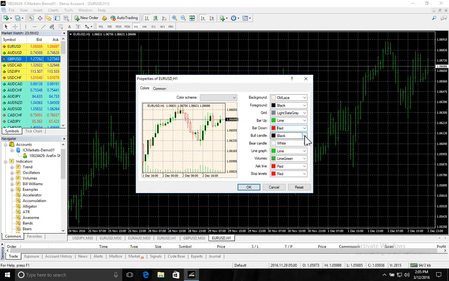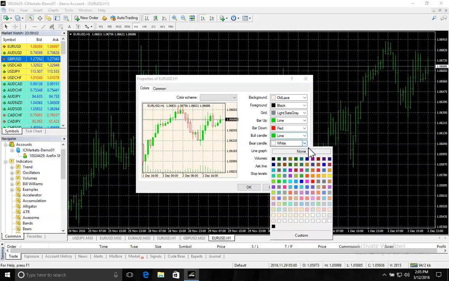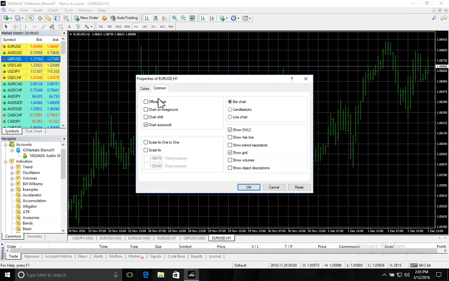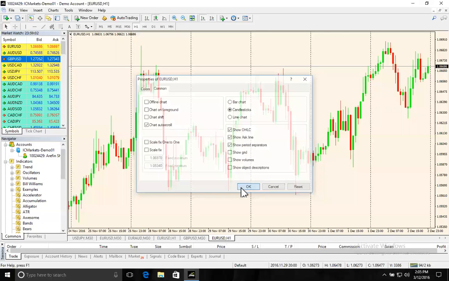Bull candle is lime. Bear candle is red. And leave everything else as it is. Then go to the common area. You change to candlesticks. You put show ask price and remove the show grid and select show period separator. And then you got this, same as mine.